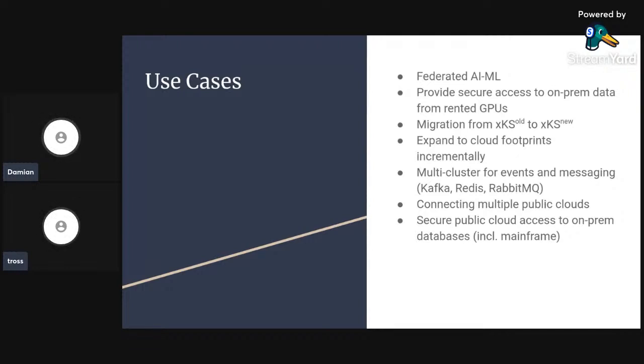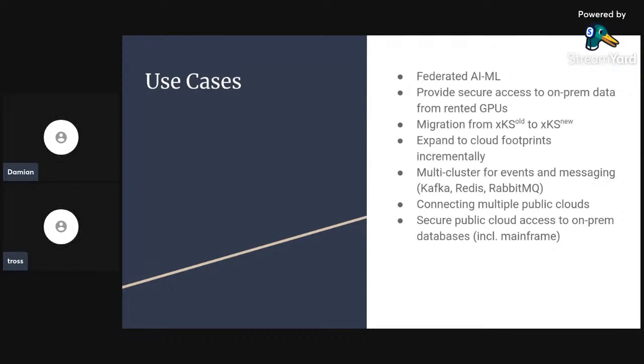They can't move that data around, but they want to be able to collaborate on machine learning. They need a way of easily connecting things together in two very private, very secure locations. If they opened up enough VPNs, it would be prohibitively impractical.